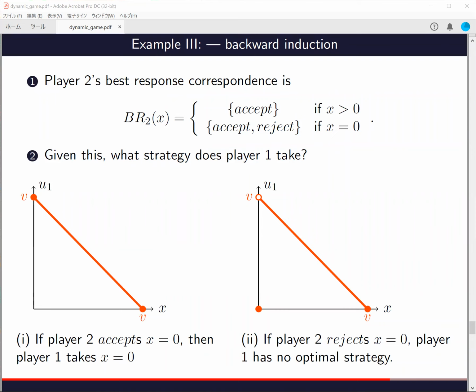Since player 2 gets nothing if she does not accept player 1's offer, player 2 will always accept the offer x as long as it is positive. Player 2 is indifferent between accepting and rejecting the offer when x is 0, because player 2 gets nothing anyway.